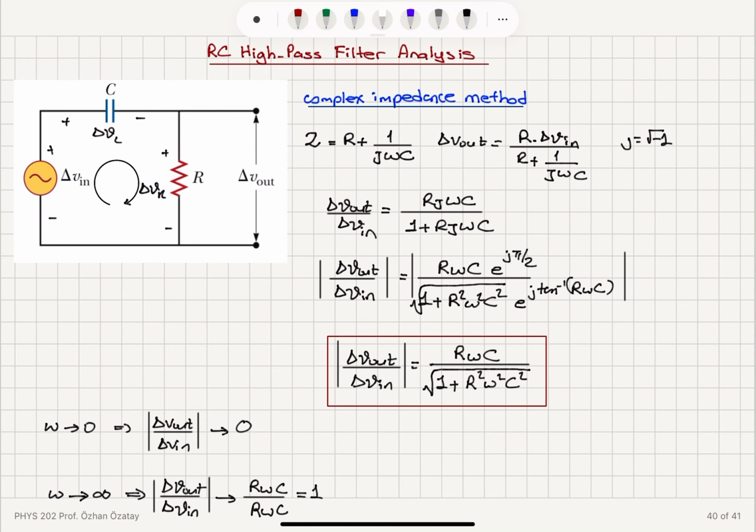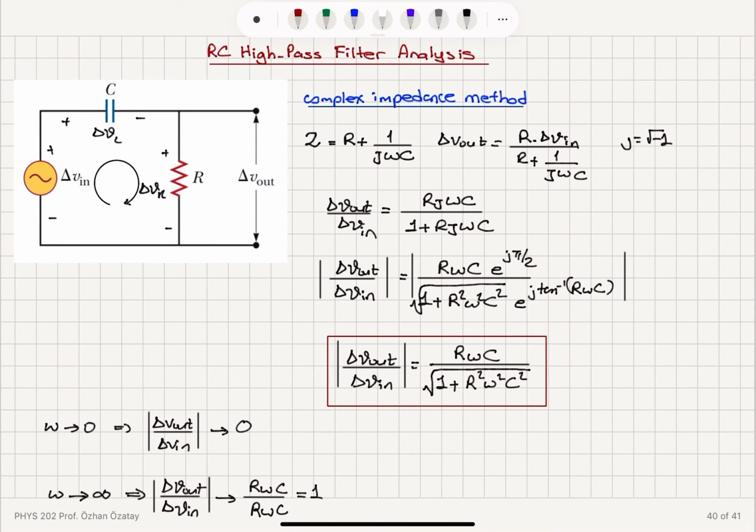And finally, we have looked at the RC high-pass filter analysis. This can be done using the complex impedance method, as we did when we analyzed the RLC circuit. For this case, we replace the resistance R with complex impedance R and capacitance C with complex impedance 1 over j omega C, where j is square root minus 1.